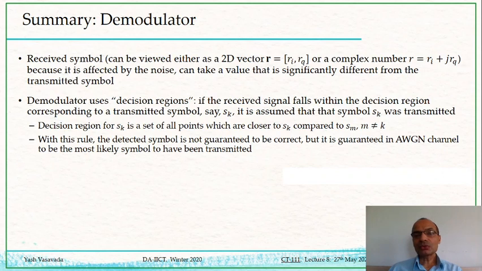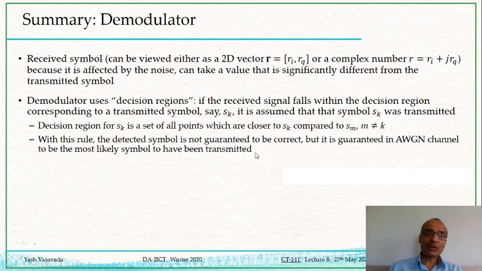And to do so, we can think of the demodulator operation as based on decision regions. If the received vector falls within the decision region of a particular transmitted symbol, then we say that that particular symbol is the most likely symbol to have been transmitted.